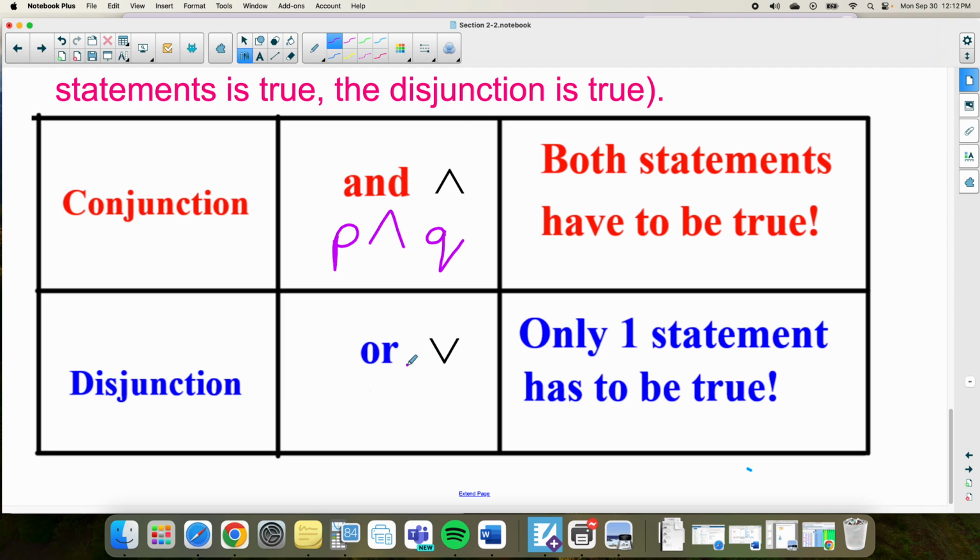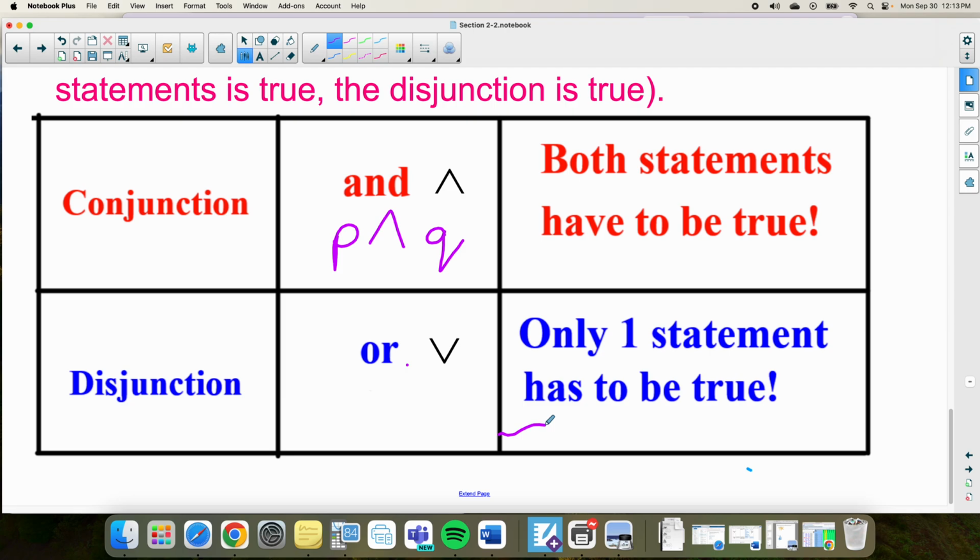So what you're not going to like about today is, if P was "today is Monday" and Q was "tonight there is a home volleyball game," and they asked you to do P and Q, you would write out "today is Monday and tonight is a home volleyball game." Then you have to decide if that statement is true or false.